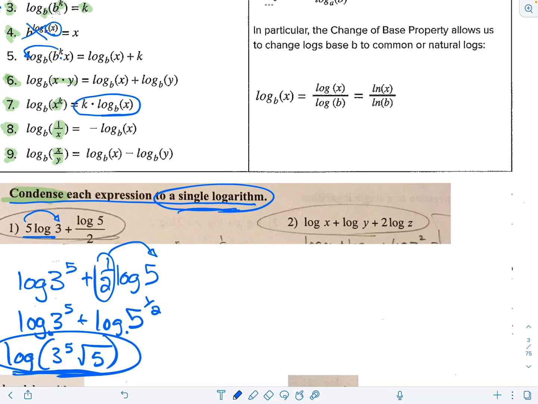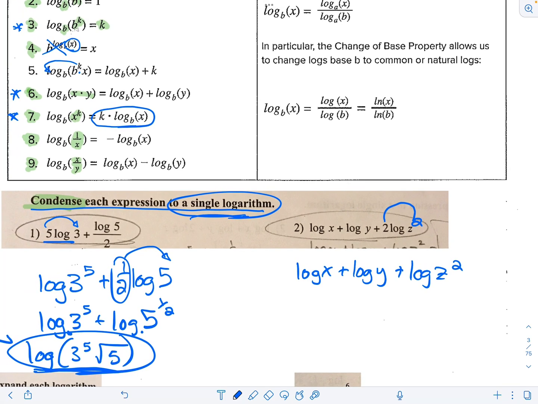Same with this number 2 here, log of x plus log of y plus 2 log of z. I'm going to save a little time and put that 2 as an exponent now with the log of z. So I now have log of x plus log of y plus log of z squared. And this will now adhere to the product property.